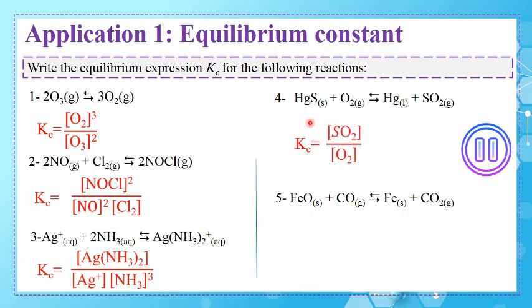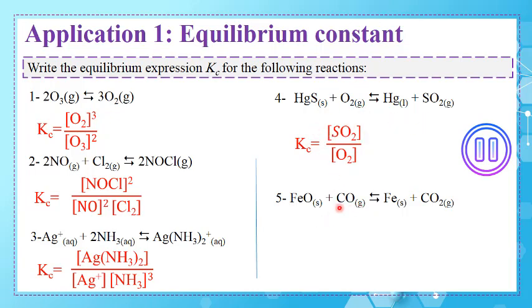Now look here, this is a heterogeneous equilibrium. We have something solid with gas, with liquid and gas. What did we say in the note? That when we have a heterogeneous equilibrium, we don't consider the concentration of solid and liquid. We will consider them as constant and equal to 1. So in the relation of Kc, only the concentration of the gaseous species figures, as you can see here.